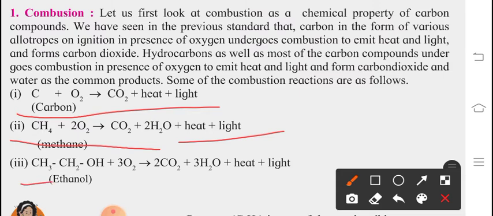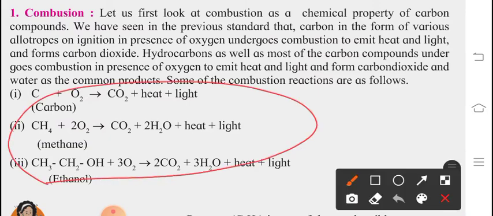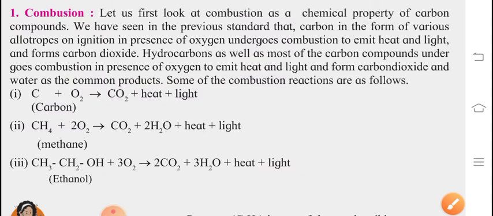Then next, ethanol comes in contact with oxygen, and carbon dioxide and water, heat, and light form. So these are the reactions related to combustion. If you want to define combustion, you can define it very easily.